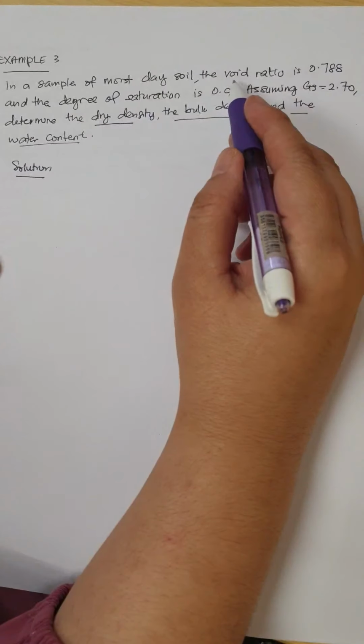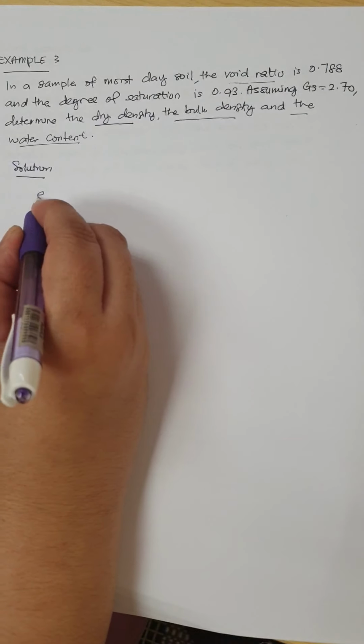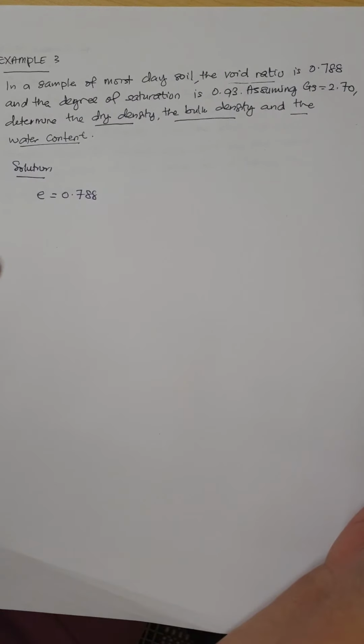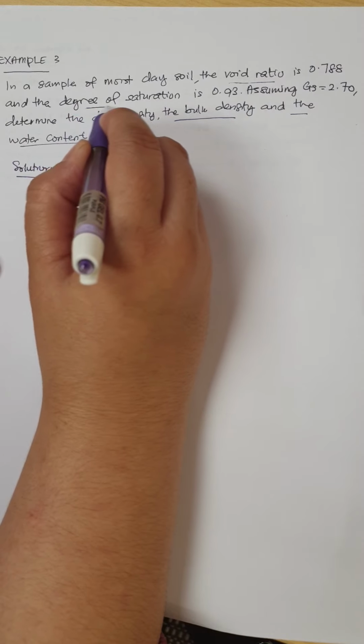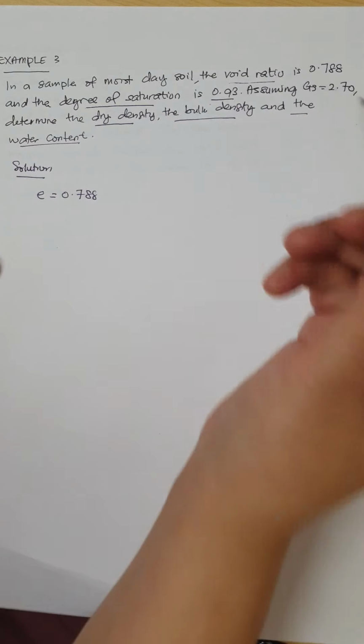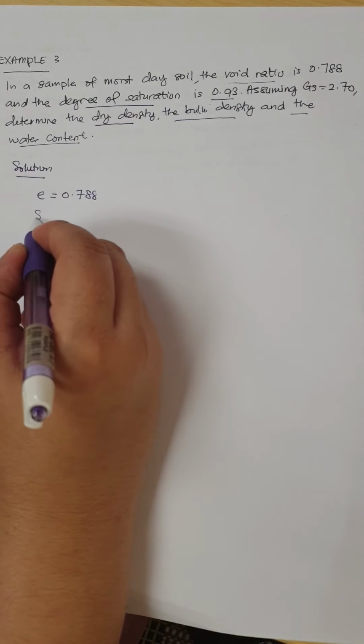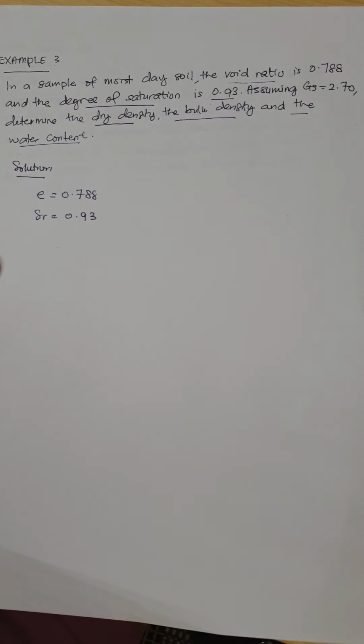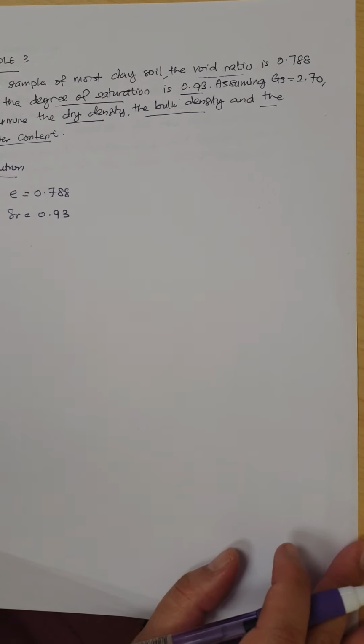Okay, given the void ratio e is equal to 0.788, and then it's giving the value for degree of saturation, Sr is equal to 0.93. Now we read the question.